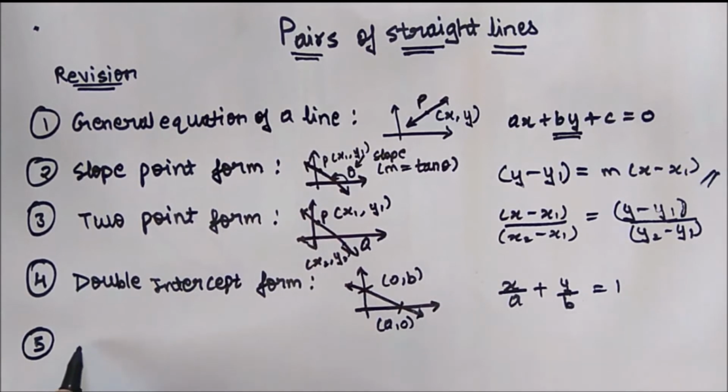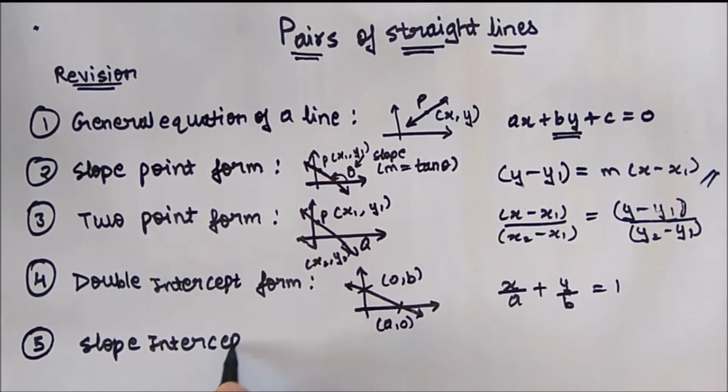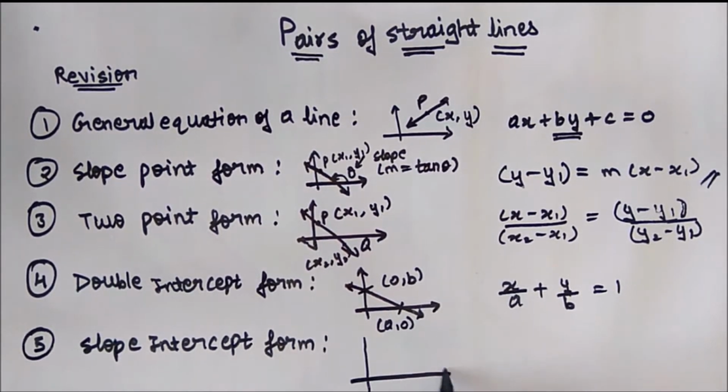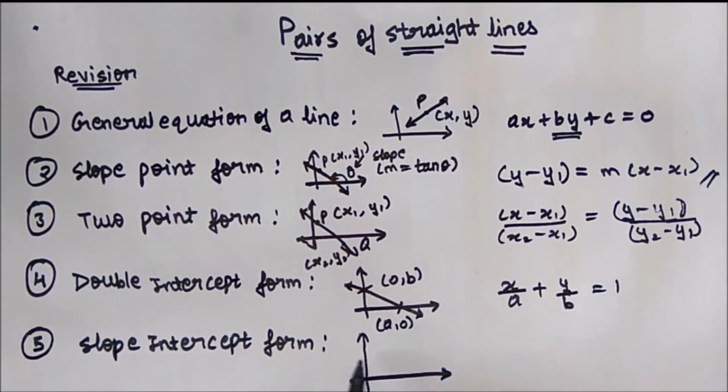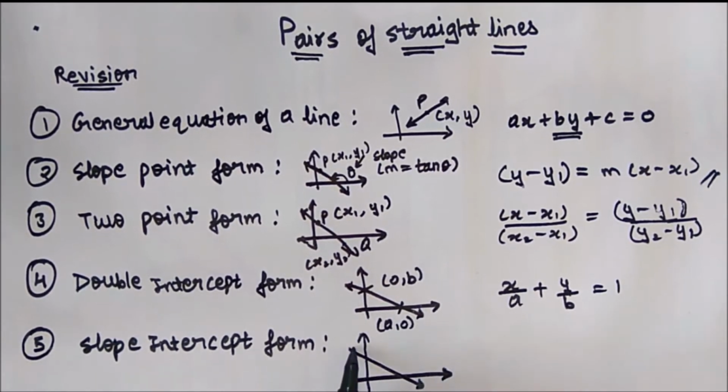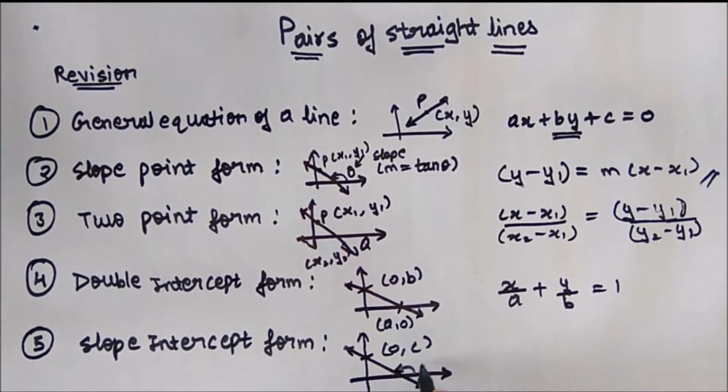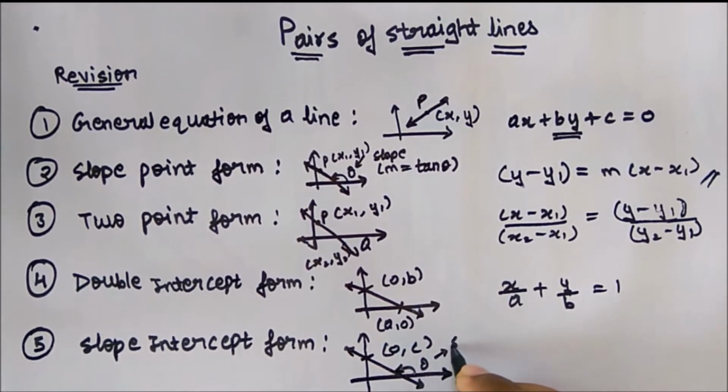One more which we have is the slope intercept form. In this form we used to have the slope of the line and the y-intercept of the line, which is (0, c), and this is the slope of the line.